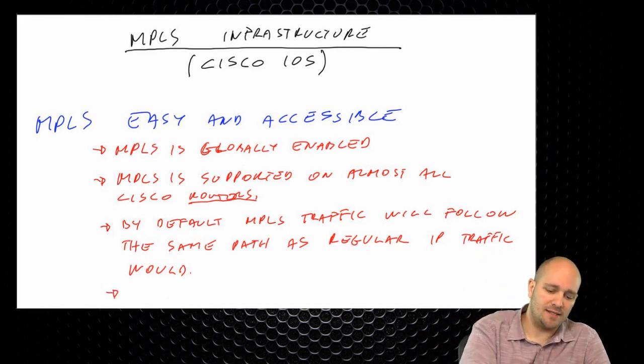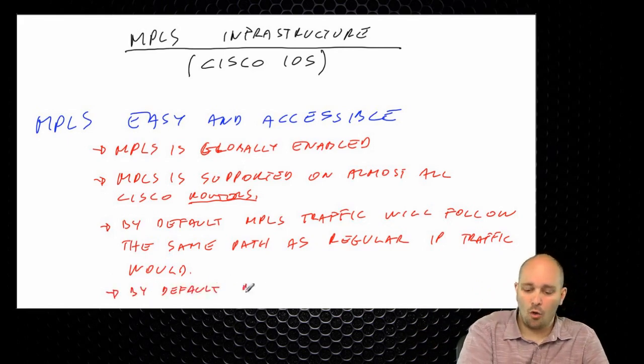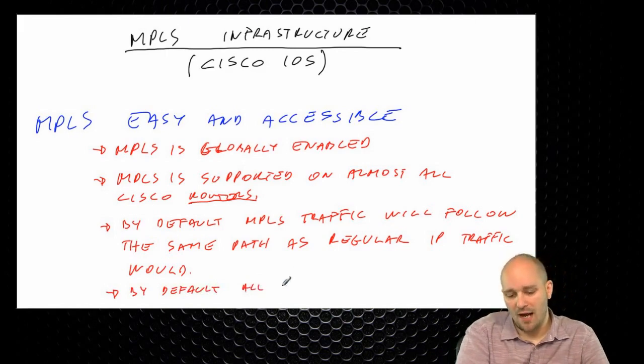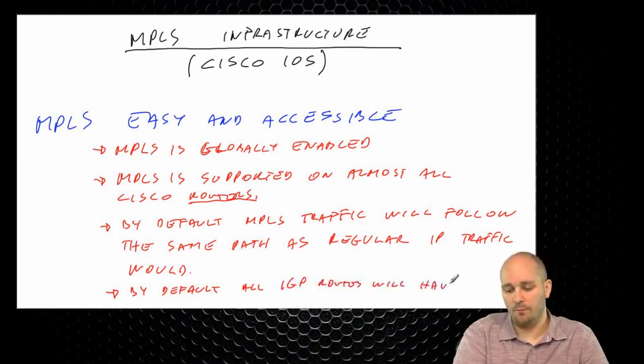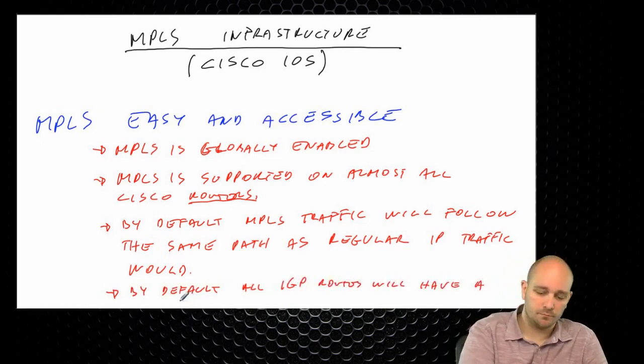And another thing is, by default, again, I'm just going to say by default, all IGP routes will have a label assigned.